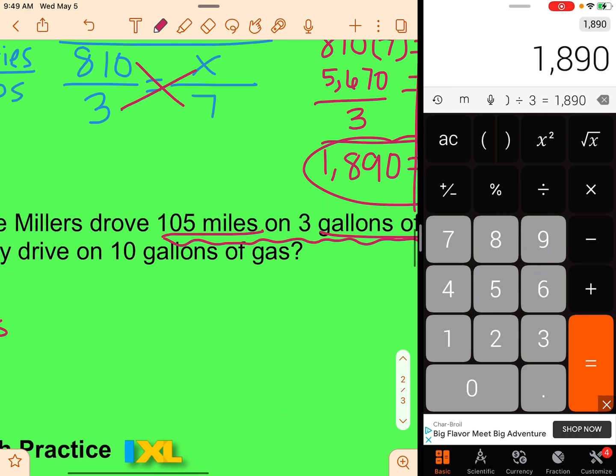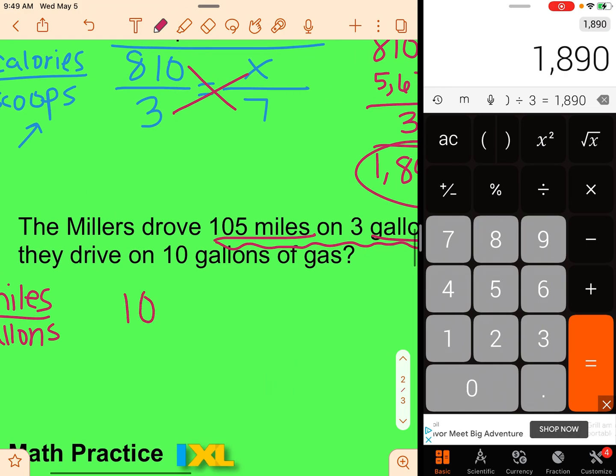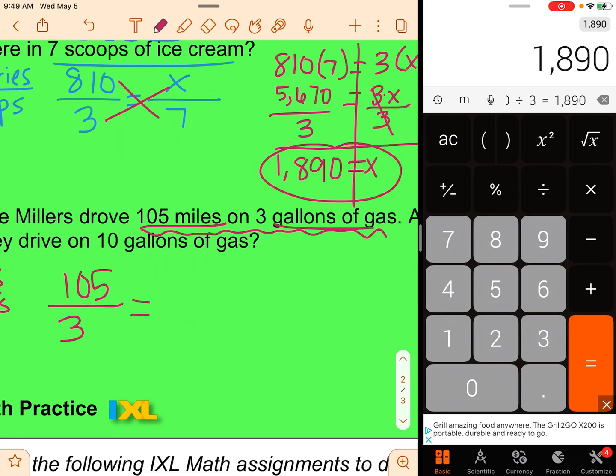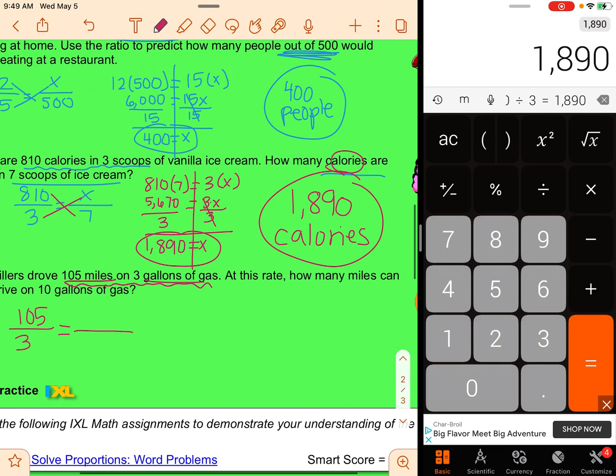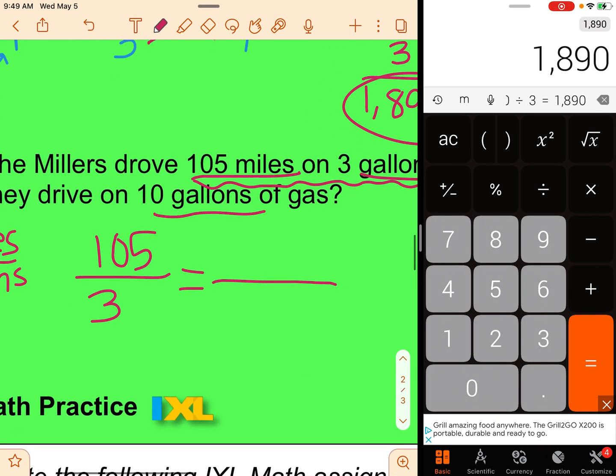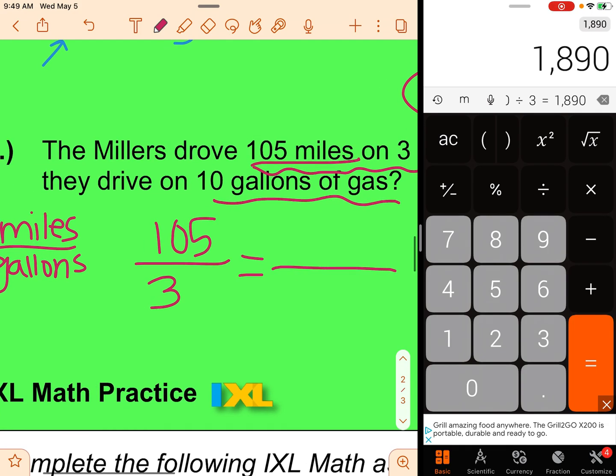Our first ratio is 105 miles and 3 gallons of gas, set equal to another ratio. We want to know how many miles they can drive on 10 gallons. Does that 10 go on the top or the bottom? It goes with gallons, so it goes on the bottom and X goes on the top.